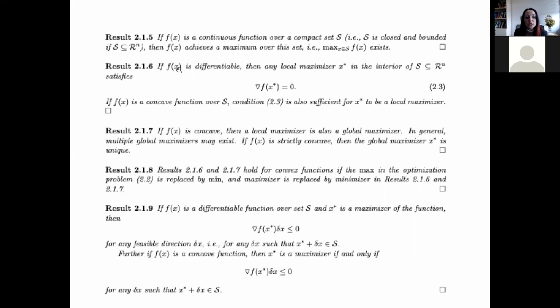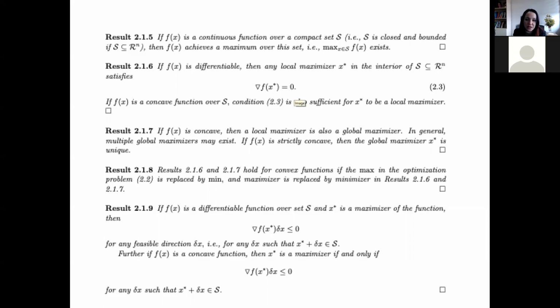Now, further, if f is not only continuous, but also differentiable, then here's the important point that you've been using for many years now in many courses. Any local maximizer in the interior of S will satisfy the gradient at x star being 0.